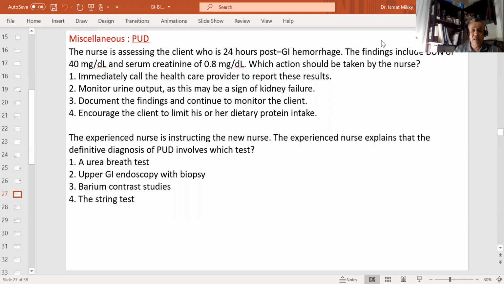The protein breakdown releases nitrogen that is then converted to urea. That's why it's anticipated and expected, with the BUN at 40.